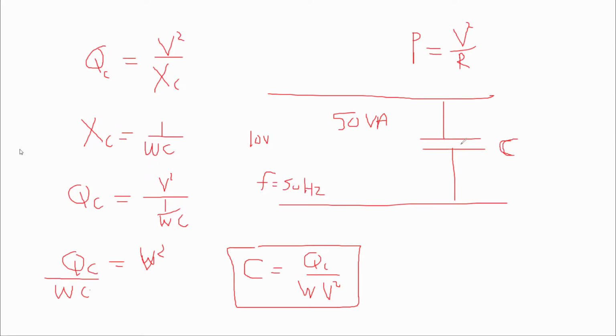This is the question. What capacitor should I put so it can give me 50 VAR? You plug those values here. This is 50. This is 10 squared. This is 2 pi F, which is 50, will give you C. So always the question will be, what is the capacitor that I should connect to give me this Q? This Q is a negative Q. I'm going to use it to improve the power factor.